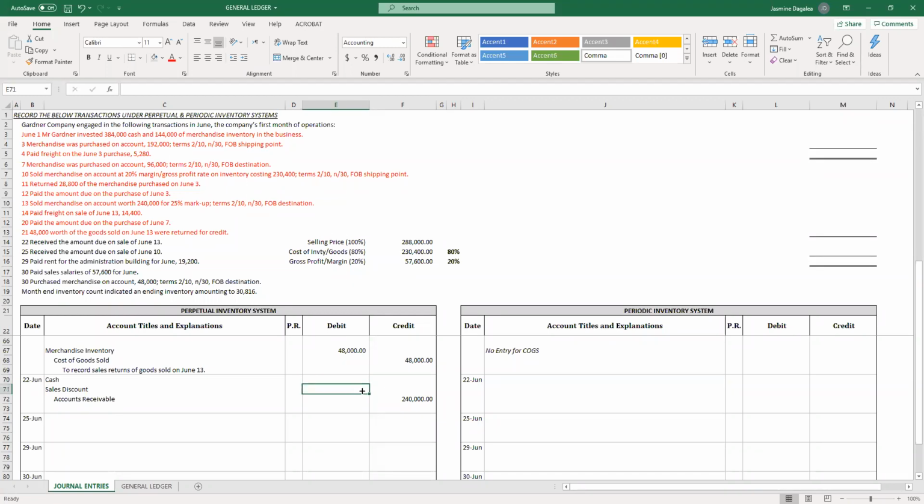So, how much is the discount? So, ngayon, 240,000 times 0.02. Yun yung discount mo. Okay? So, the difference between the accounts receivable and the discount, ito lang yung na-receive nyo from client. Tama ba yung ginawa?